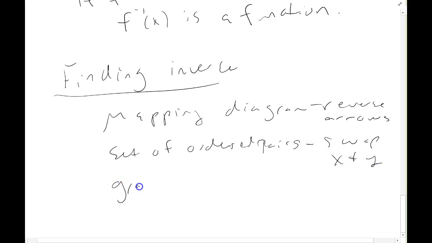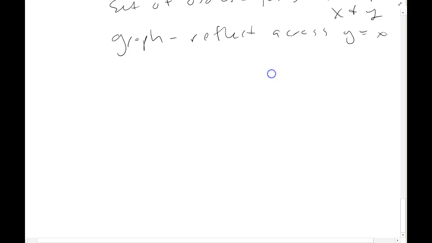As a graph, we reflect across the line y equals x. What we still need to talk about, there's one other way that we represent functions, and that's with an equation.